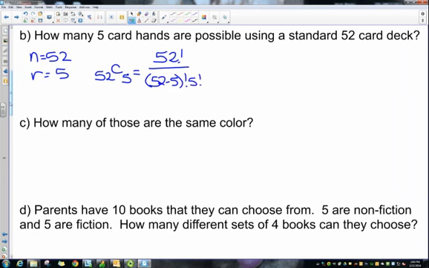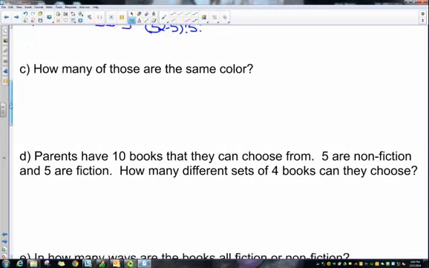I plug that through the calculator, and I end up with 2,598,960 different possible ways these cards could come out. So that's how the nCr works. The toughest part is making sure you can recognize if order does or doesn't matter, and then what is your n, what is your r.